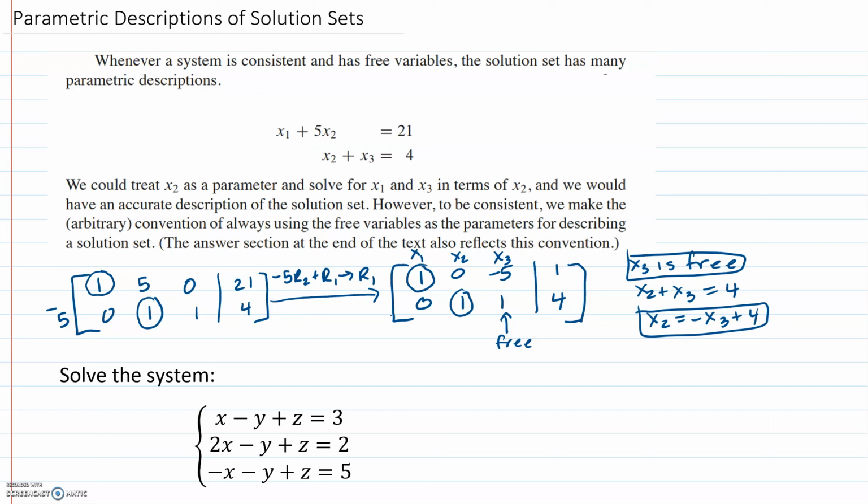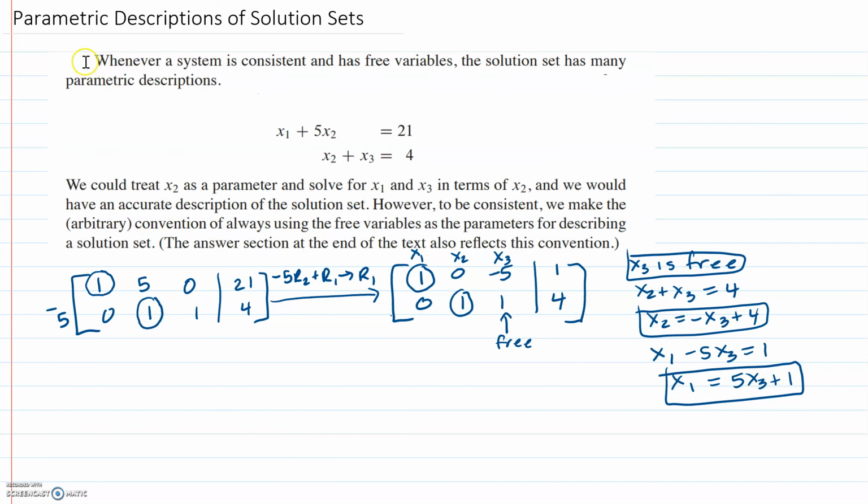And then I'm going to do the same thing for x1, the first row, x1 minus 5x3. Again, it's in terms of x3. So x1 equals 5x3 plus 1 for solving for x1. And you can see x3 is free. We found x1 and x2 in terms of x3.